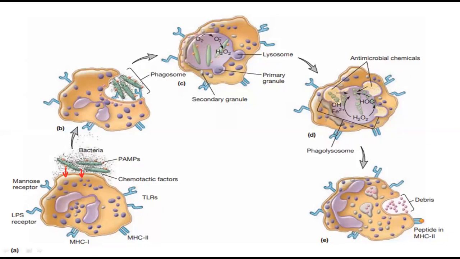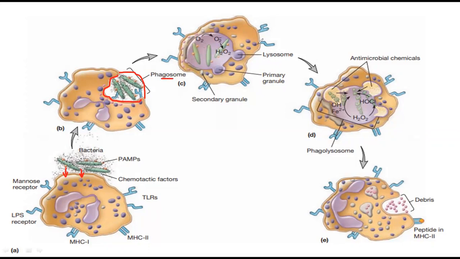A certain portion of the cell membrane of the immune cells makes a cave-like structure, and after that these microorganisms are engulfed, and then a cell membrane is formed again, just like here. When they are engulfed, this is known as the phagosome.